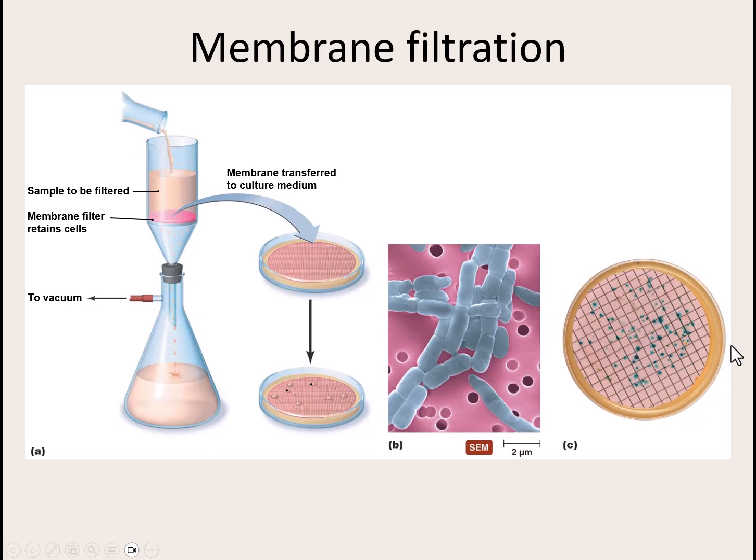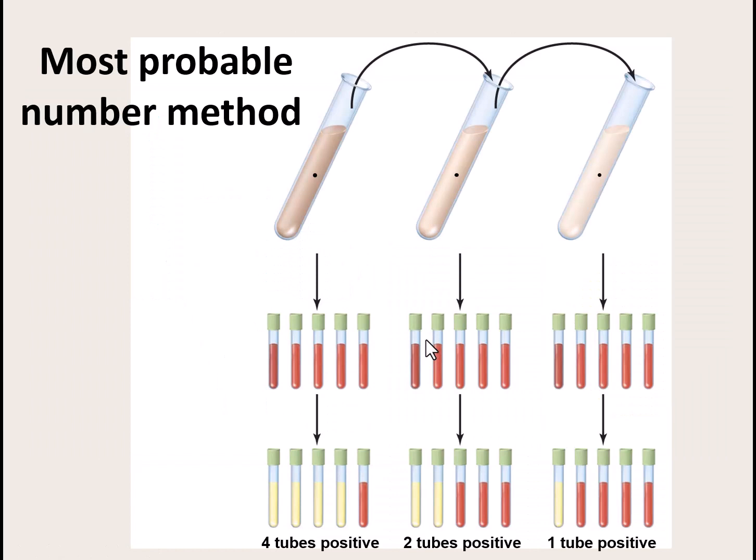Most probable number is used when you can't grow the bacteria on any kind of agar, when it has to stay in a liquid form. And so you still do various dilutions, and then you add the different dilutions to 5 tubes, and you look to see which ones turn colors based on the dilution. So if we notice, the more diluted we get it, the fewer tubes turn yellow.